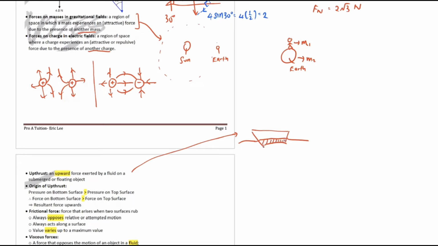So you want to find the upthrust. Then you have to find, for this particular space where the boat is under the sea level, it has a particular volume.